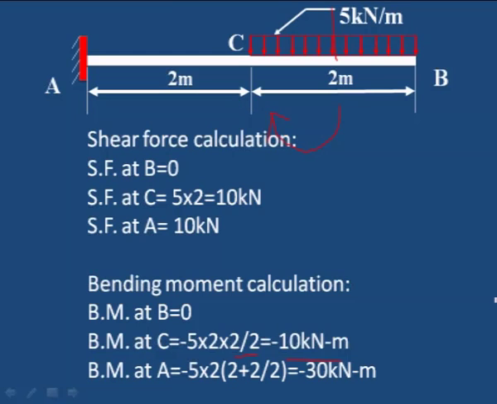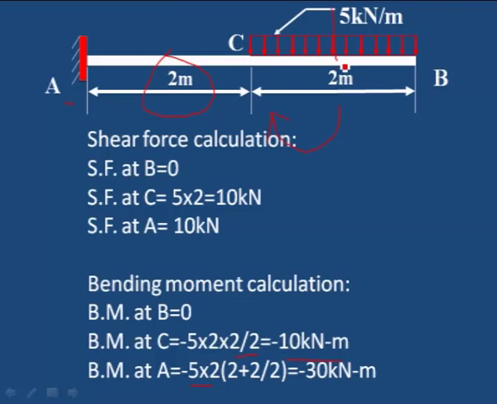To calculate the bending moment at A, force into distance. The force is 5 into 2, 10 kilonewton, and the distance is where it is acting, at the center. From C to the load point is 1 meter, and we have to add this 2 meter, 1 plus 2. That is the distance of the force.